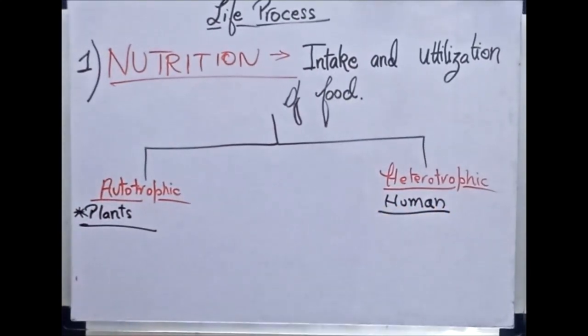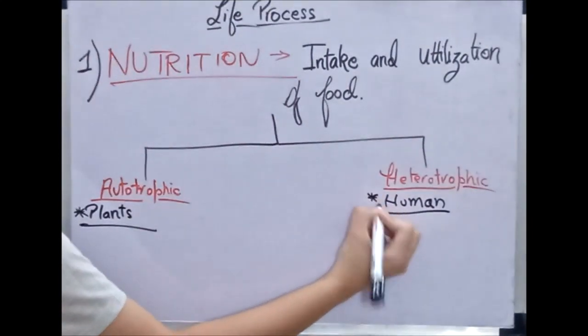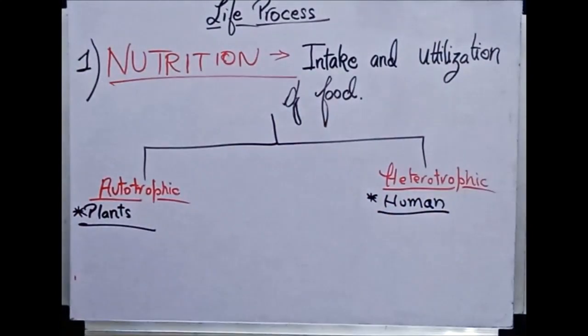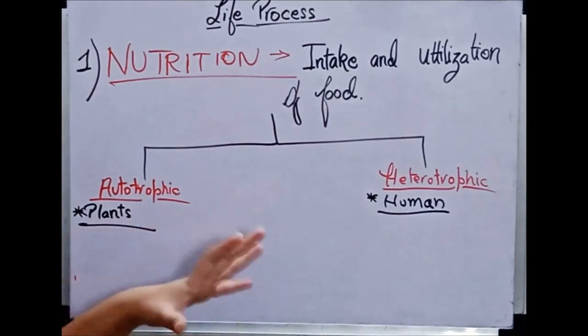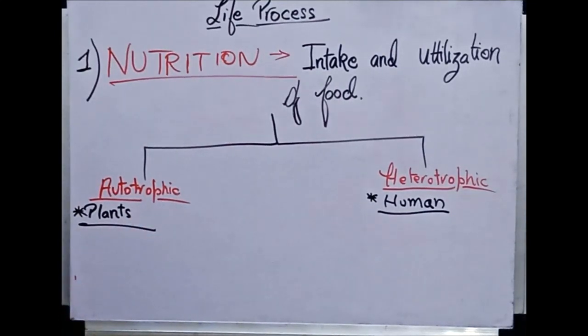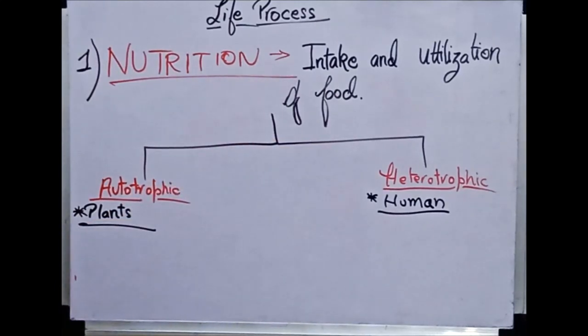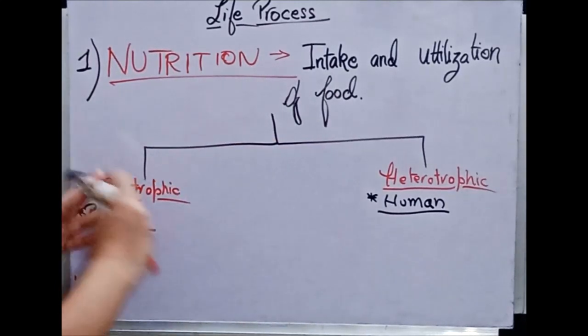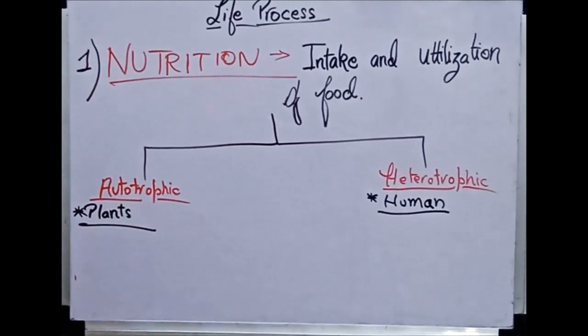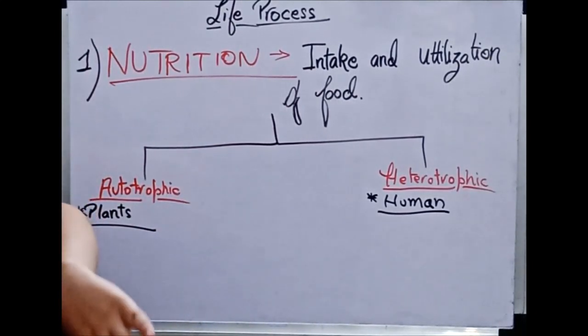Right? Humans are the examples we can think of first of all. Now let us discuss what's the difference we see here in the type of nutrition they may require. What can be the difference between autotrophic and heterotrophic, or why are they differentiated? We'll discuss it in a wide way, not in brief.